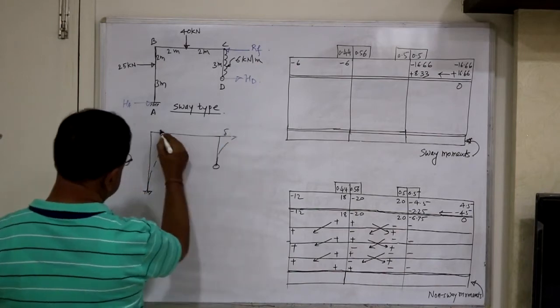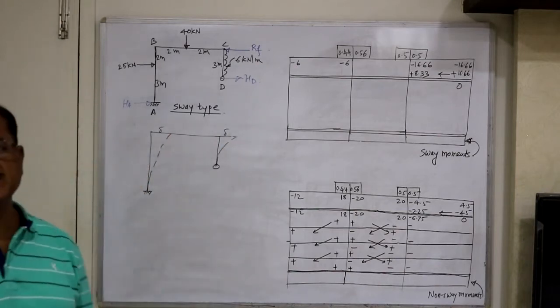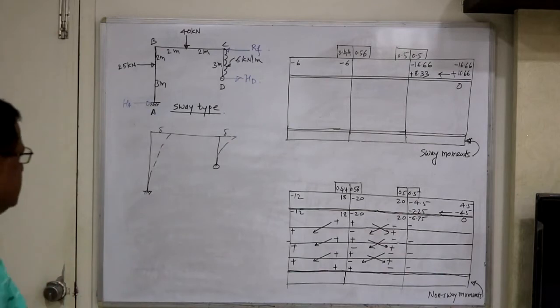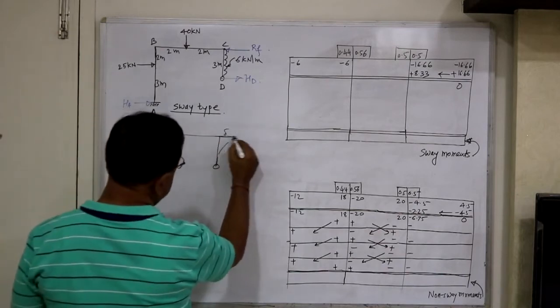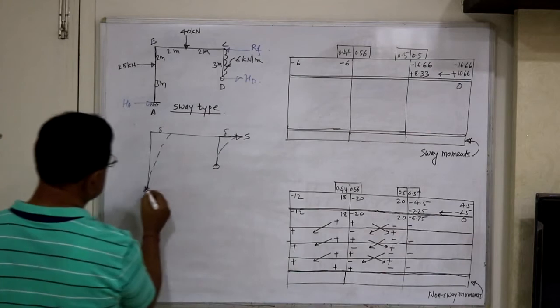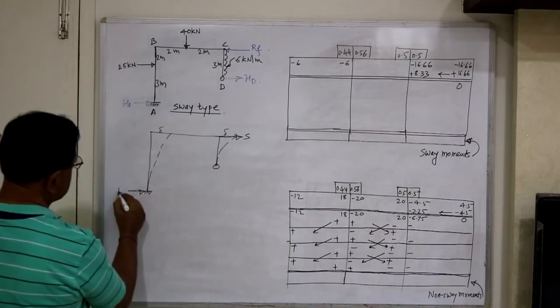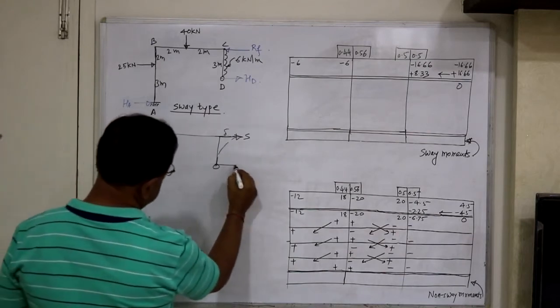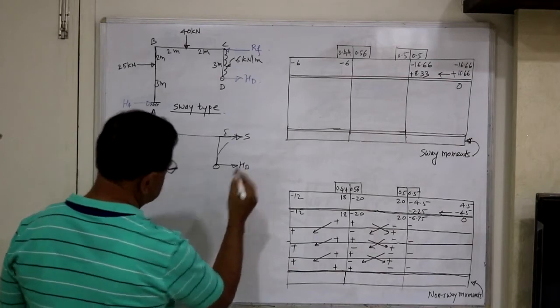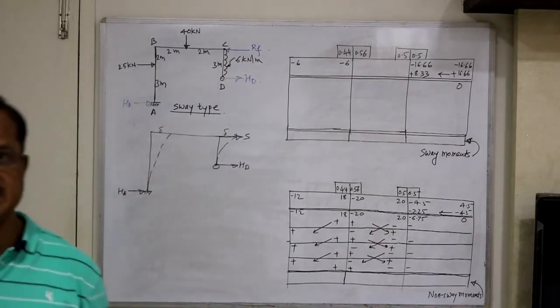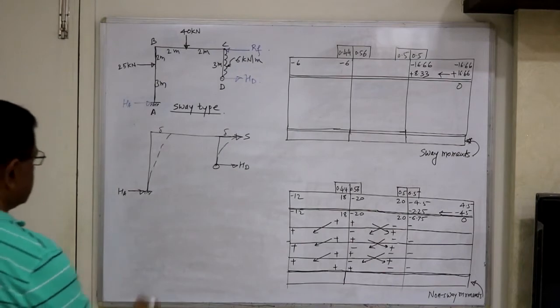This delta is the sway, and due to this delta, both fixed end moments developed are anti-clockwise. Now this force is S, here HA, and here HD. We already saw in the slope deflection method how to calculate HA and HD using the equilibrium conditions.